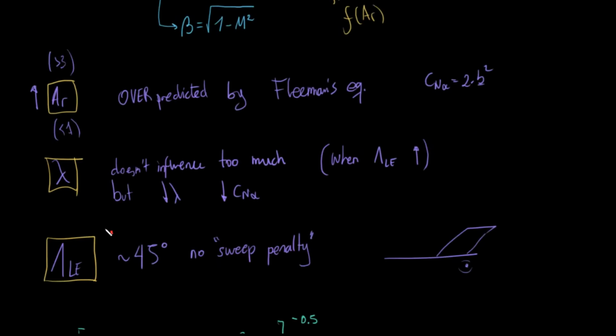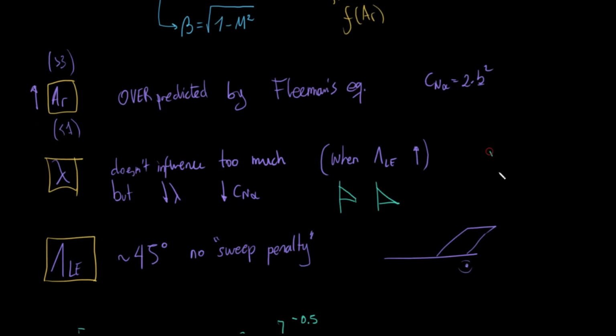However, if we have really small taper ratios, so really small taper ratios means that you have fins that are kind of delta. This would be a small taper ratio. Taper ratio 0 would be a delta wing. For small taper ratios, you have an extra penalty.